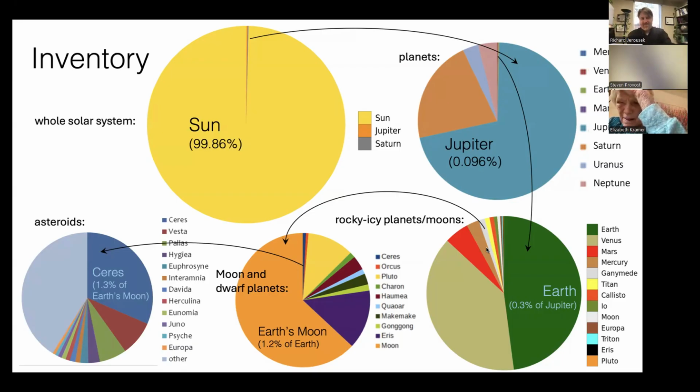Ceres represents the biggest fraction of that, in terms of mass of our solar system compared to even Earth's moon. So when I said a tenuous asteroid belt, I really mean it's pretty tenuous, not a whole lot of stuff there.